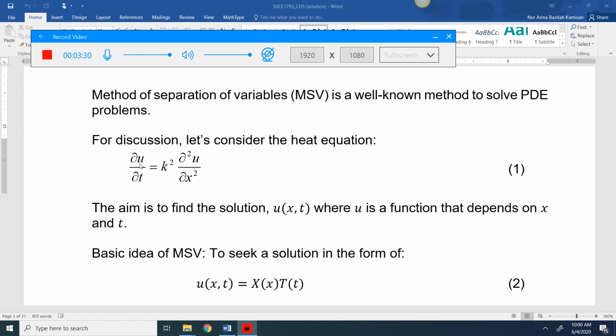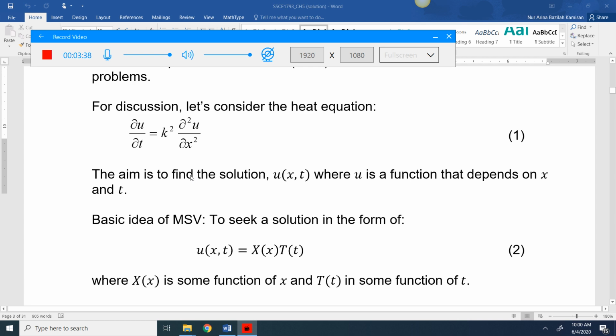Let's say we have ∂u/∂t equal to k² ∂²u/∂x². The aim is always to find the solution for u, where u is a function that depends on x and t. So basically, we are trying to solve this partial derivative to get the original equation, which is in u form. This is basically the general idea of this subject, differential equations.